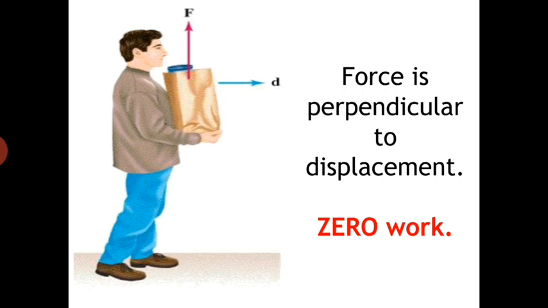But the man is walking along a horizontal path. So the force is upward, but the displacement is along a horizontal direction. So that's what we call perpendicular. And if this is the case, it's always zero work. There is no work done on the object.